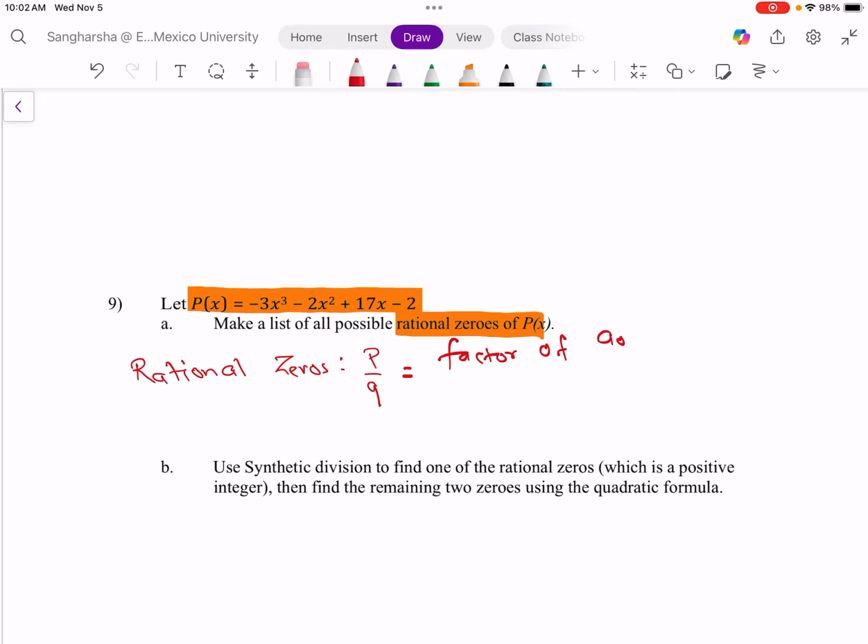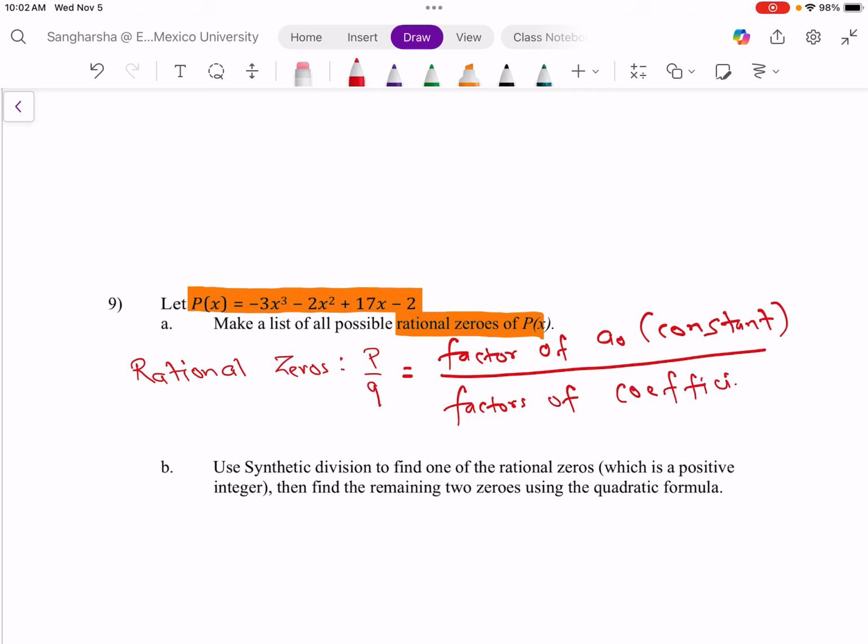Okay, a naught is a constant, so we have to make a list of every factor of the constant term of that polynomial, and our q is the factor of the coefficient of the leading term.